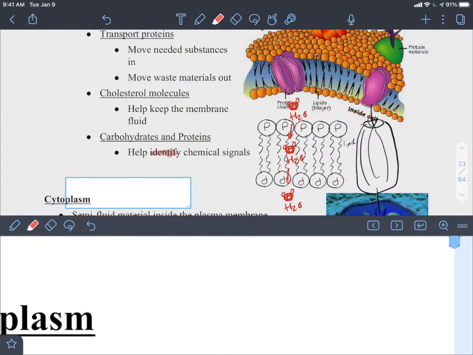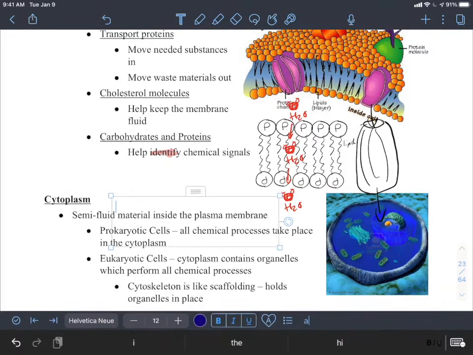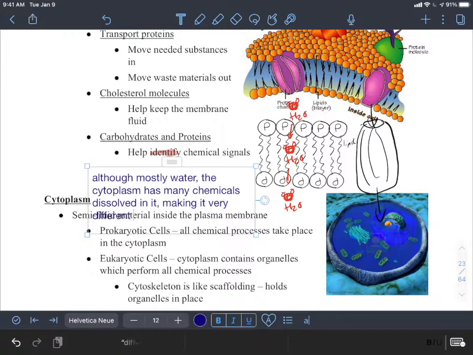I'm going to say something like that here. Here, draw a text box. I'm going to say something like, although mostly water, the cytoplasm has many chemicals dissolved in it, making it very different from water.